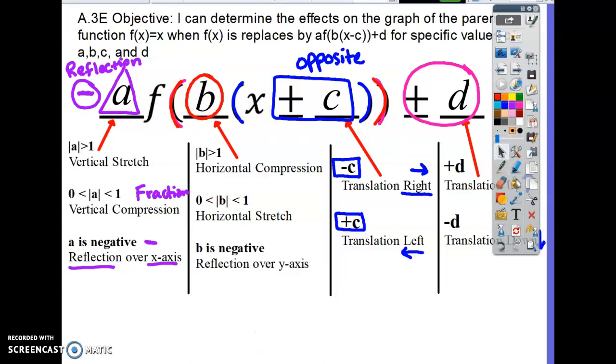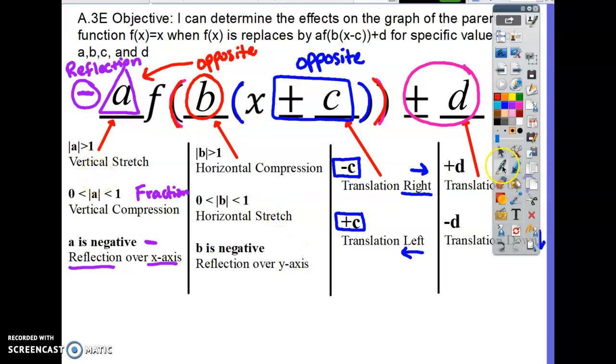That's going to do the opposite as well, the opposite of what this one does. And you can tell right away: vertical stretch, horizontal compression. So it's the opposite. Vertical compression, horizontal stretch. Reflection over the x-axis, reflection over the y-axis. It's always the opposite of what the A did.